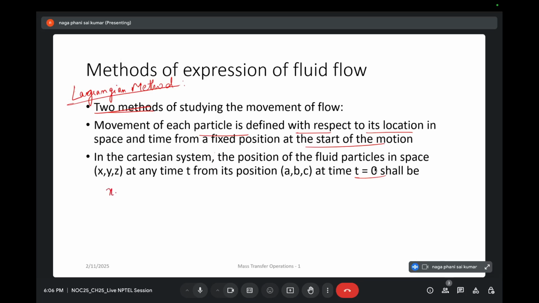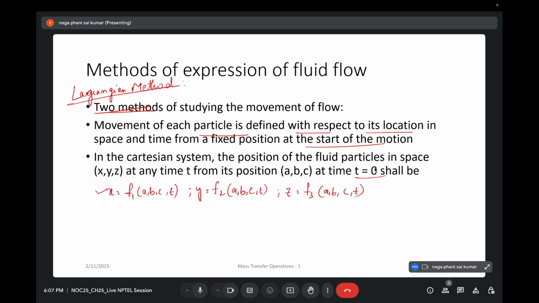So x will be equal to a function of a, b, c, that is spatial coordinates, and a function of t as well, and y coordinate will be a function of a, b, c again and time as well, and z will also be equal to a function of a, b, c and time as well. Now this is the position of the particle.